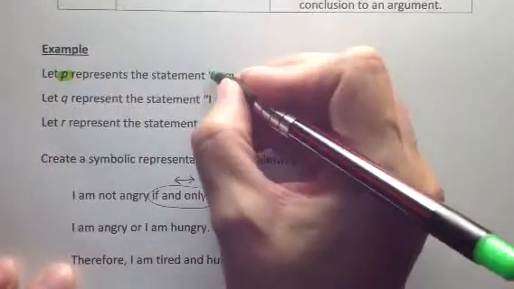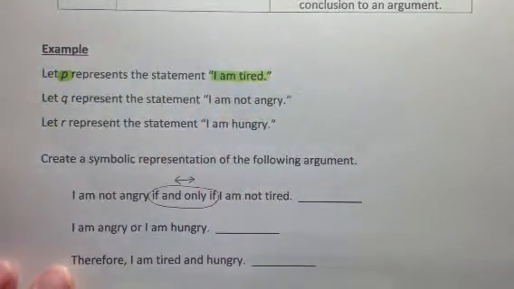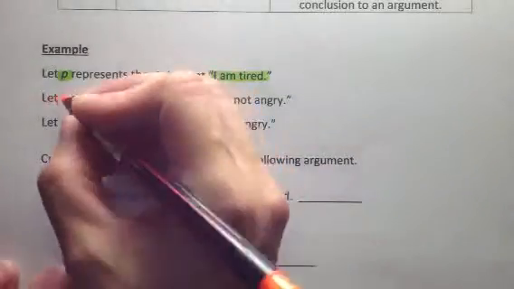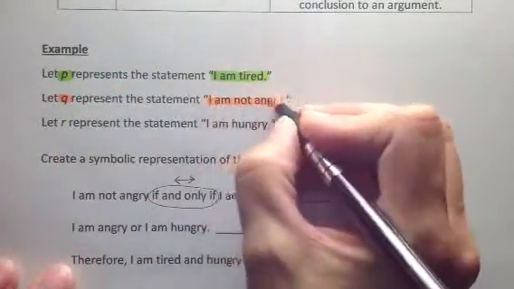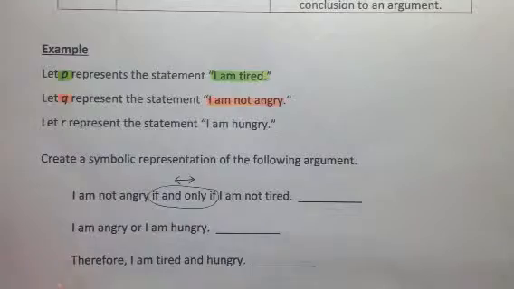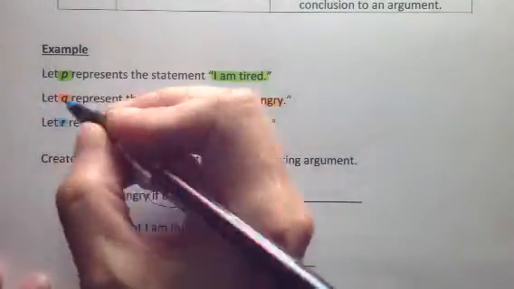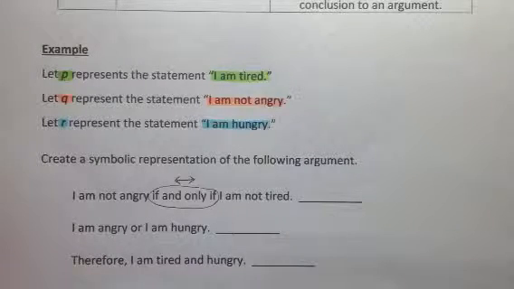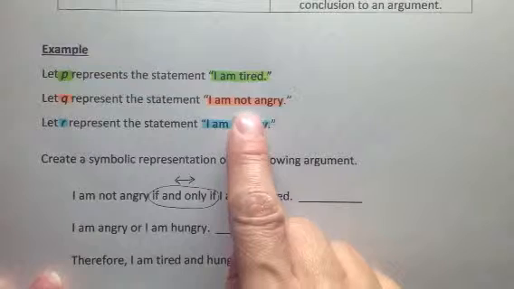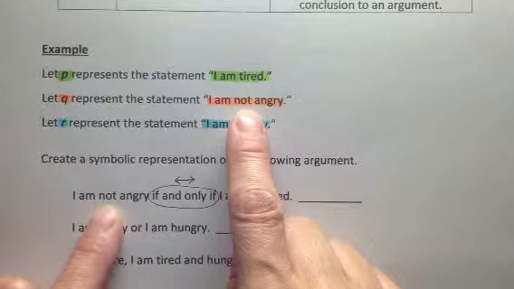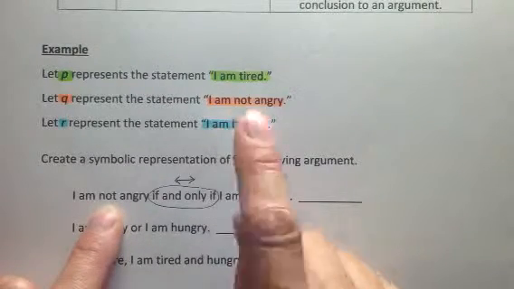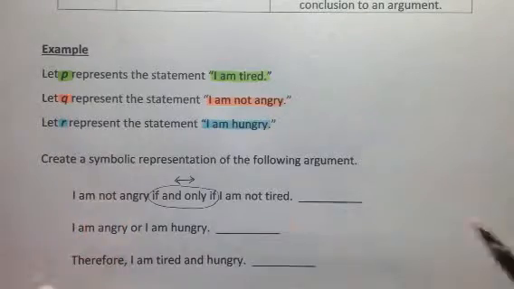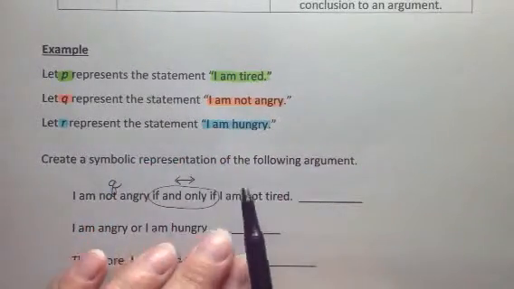P, remember, was I am tired. Q was I am not angry. And R represents I am hungry. So, I am not angry is exactly the same as this statement right here, word for word. So that's going to be my Q. And then I am not tired.